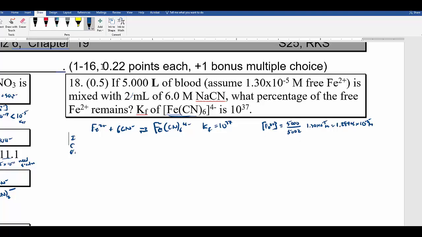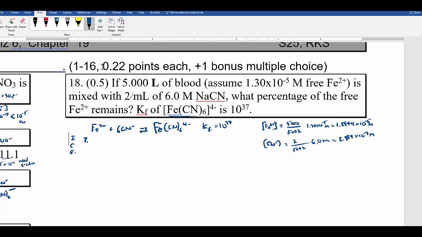However, for the cyanide, it's going to be more significant. Sodium cyanide is a strong electrolyte. Sodium is just going to be a spectator. So the cyanide is going to be a 2 to 5,002 dilution, 6.0 molar. And so 2 divided by 5,002 times 6, and we have a concentration of 2.399 times 10 to the minus 3 molar.